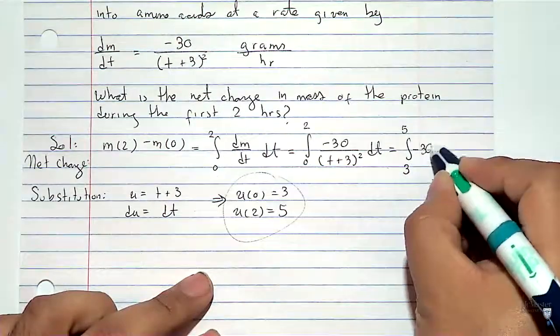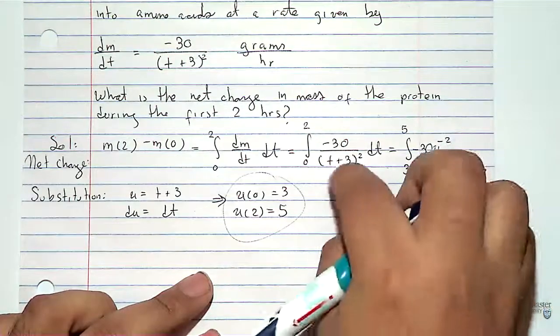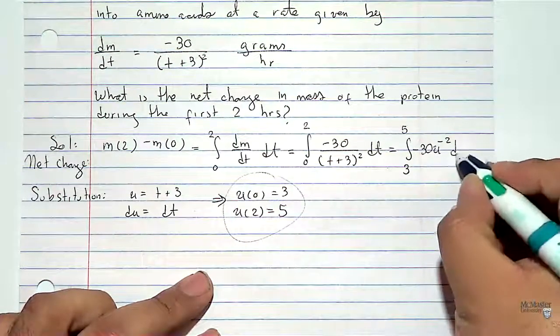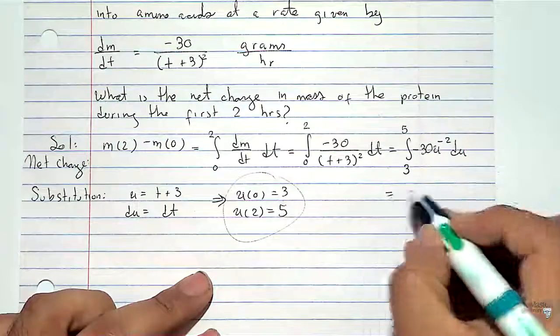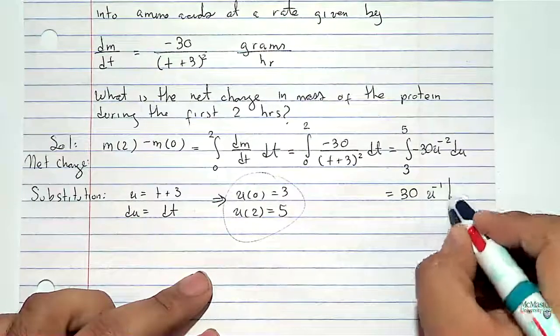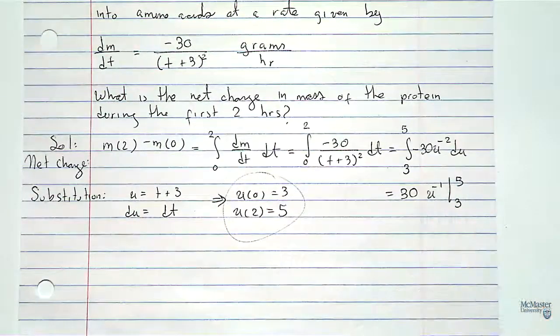So you have minus 30, and then u to the minus 2. Think about it. This is u squared in the denominator, so it's u to the minus 2 du. You will have 30 u to the minus 1 from 5 to 3. Think about it for a second. The antiderivative would be minus u to the minus 1, but you have a minus sign there, so you incorporate it and you're clean.